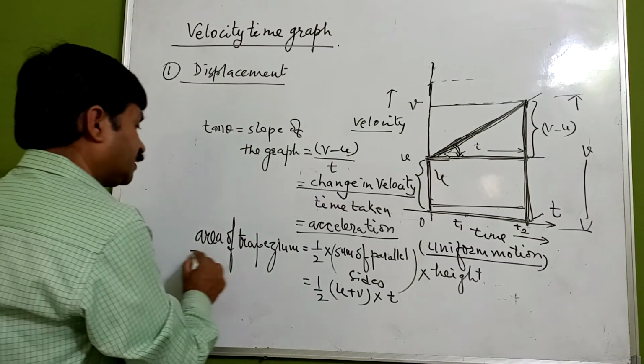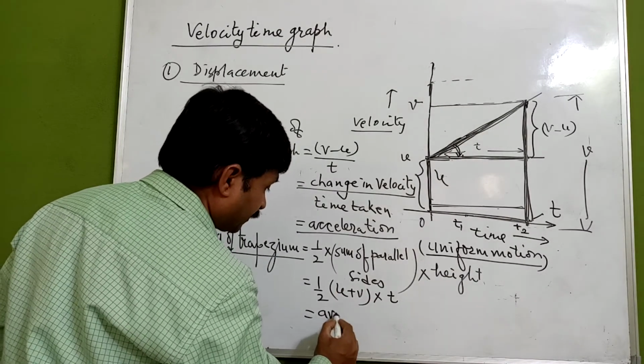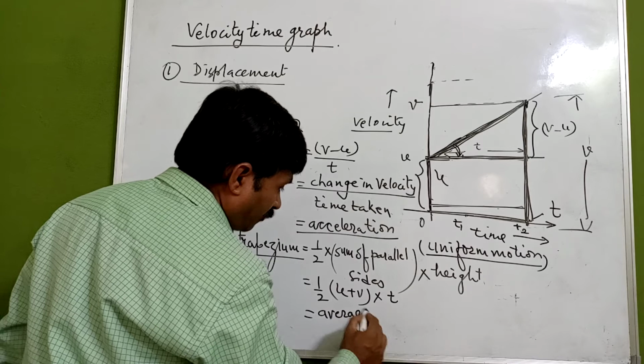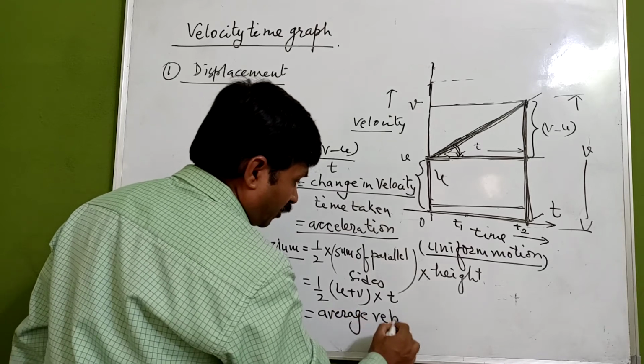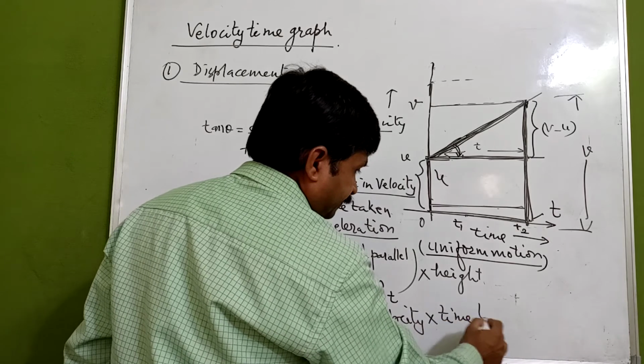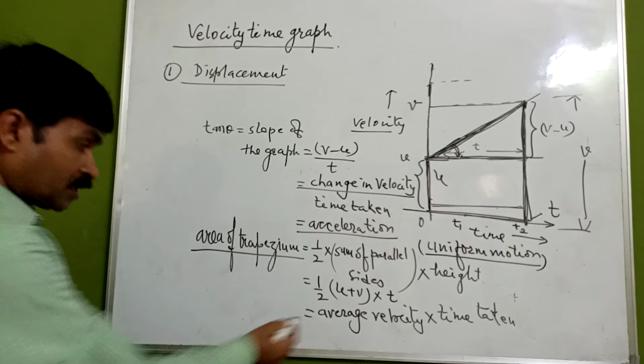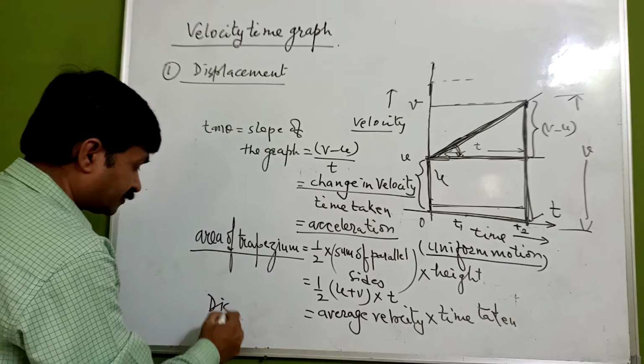So area of the trapezium, again if we see here, this is the average velocity which we are getting here, average (u plus v)/2, average velocity into time taken. This is also giving again the displacement.